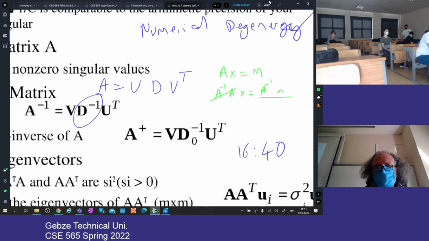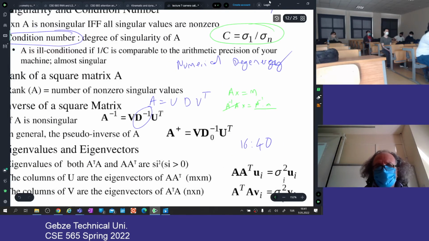So how do you take the inverse of a diagonal matrix? It's just 1 over the diagonal elements, that's it.